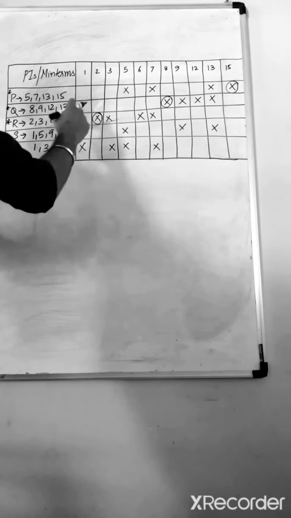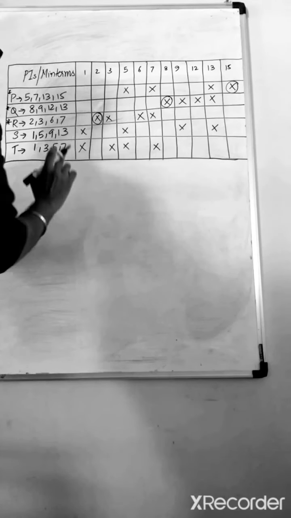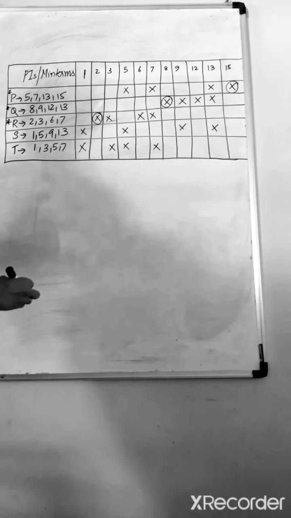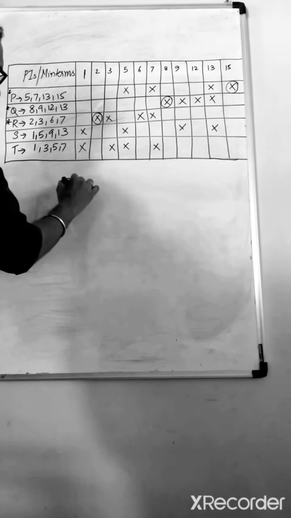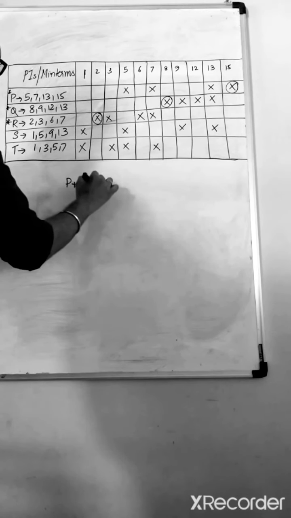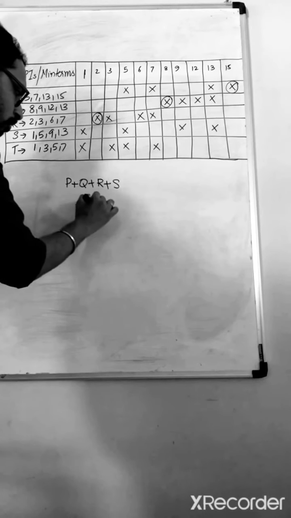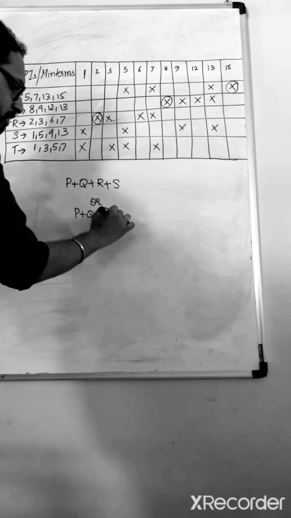But here all the values are covered except 1, which is not covered. So we write the final answer as P plus Q plus R plus S, or the answer is P plus Q plus R plus T.